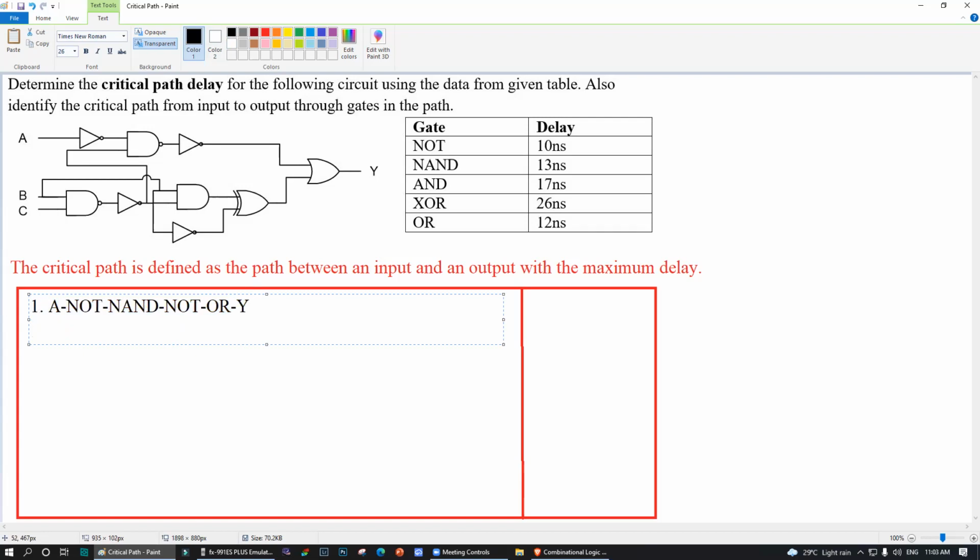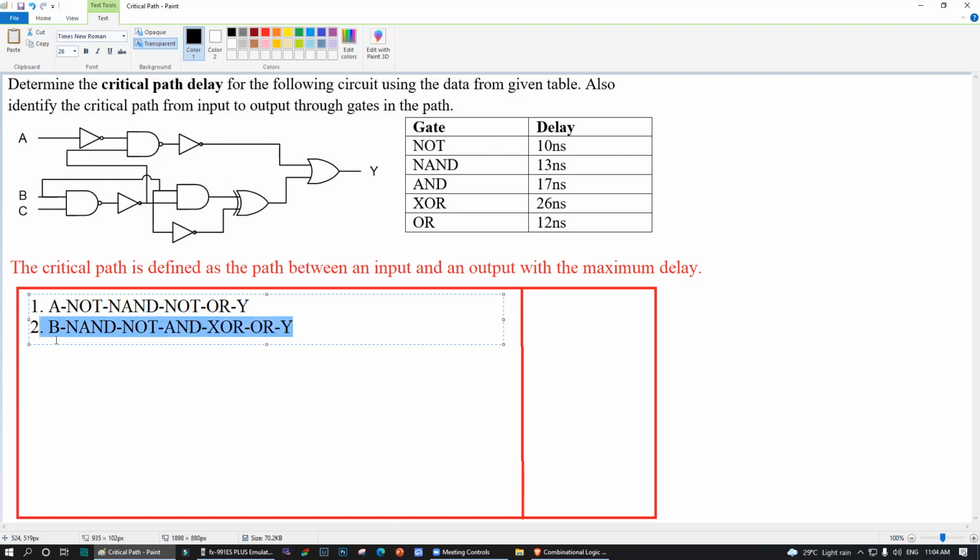Now come to path number 2. What is your path number 2? Can anyone tell me? B. B, NAND, then NOT, then AND, then XOR, then OR, then Y, right?